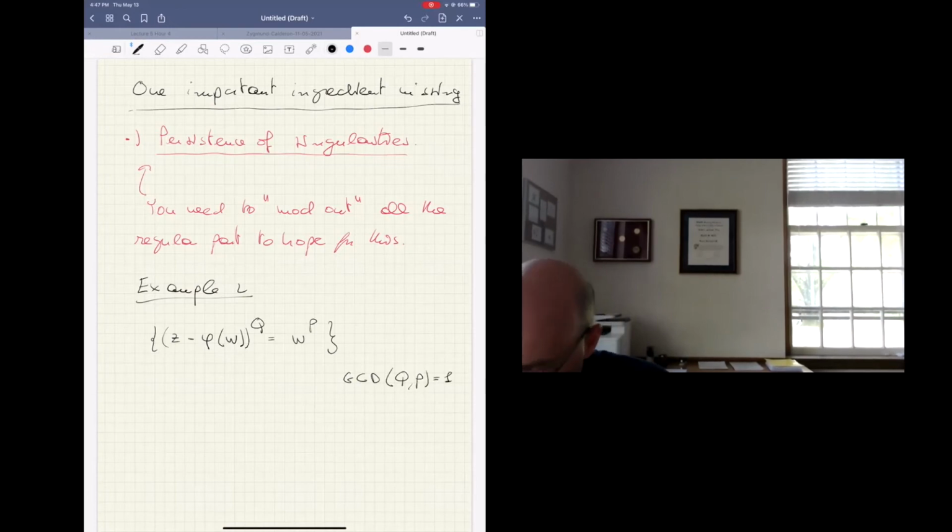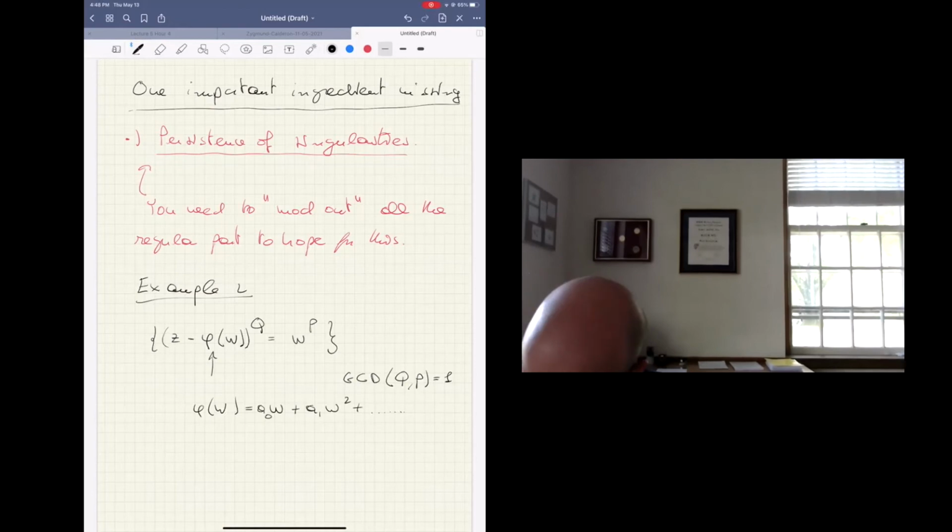Now what is this function phi of w? This function phi of w might be any holomorphic function, for instance phi of w equal to some coefficient a0 times w plus some other coefficient a1 times w squared and so on.